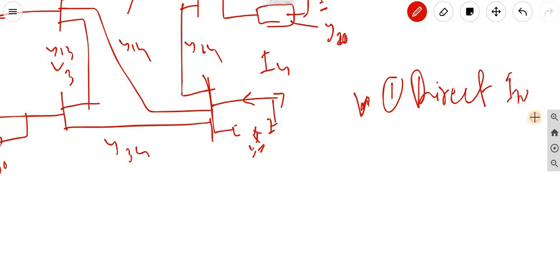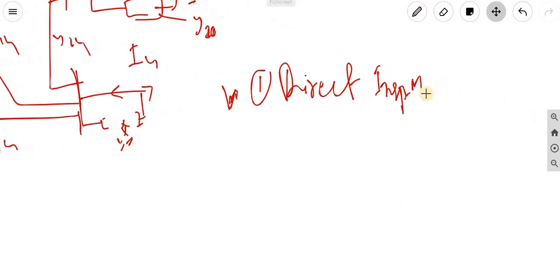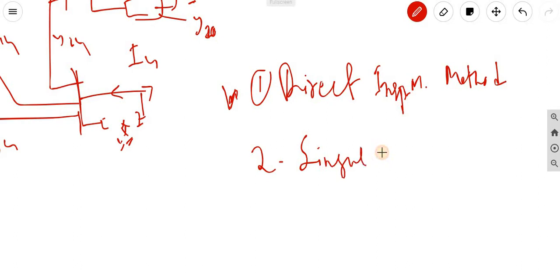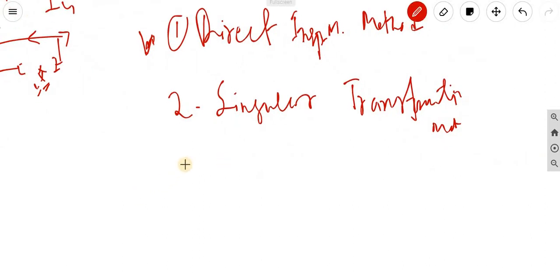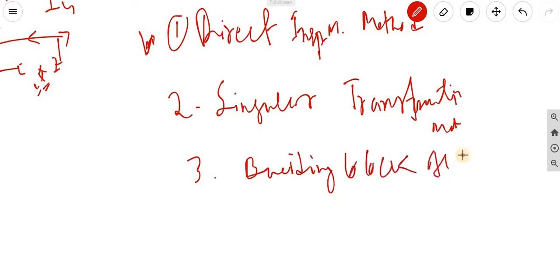The second one is the singular transformation method. And the third one is the building block algorithm.